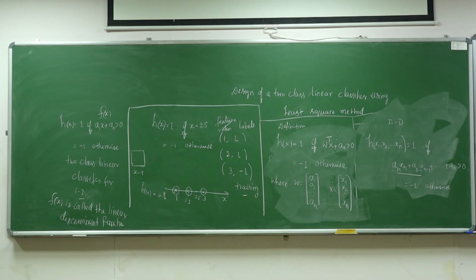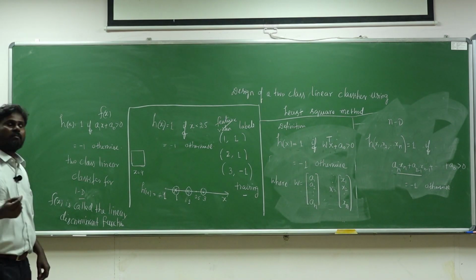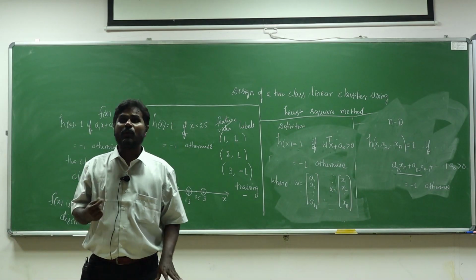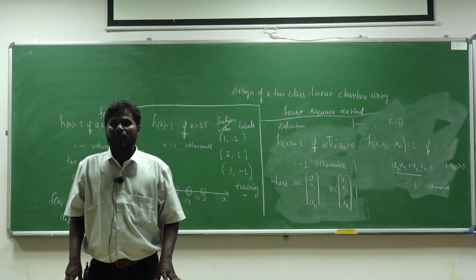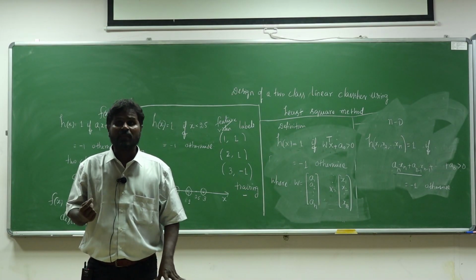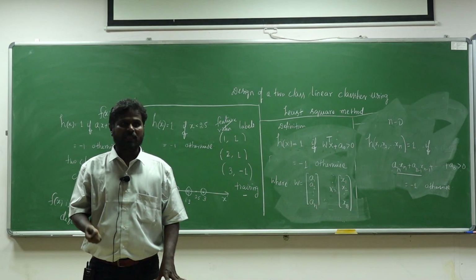In the literature, a special case of this is called the perceptron. We know that the perceptron is the building block for the neural network, building block for the CNNs. So you can use the CNN as a nonlinear classifier.